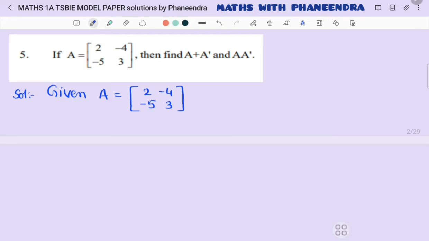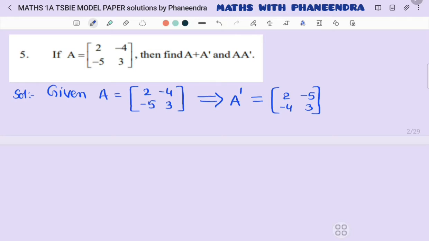Whenever A is there, the transpose of the matrix is denoted by A dash or A power T. So interchanging of rows and columns is the transpose of a matrix. So first row will become first column. 2, minus 4 will become here. Next minus 5, 3 will become second column. Minus 5, 3.